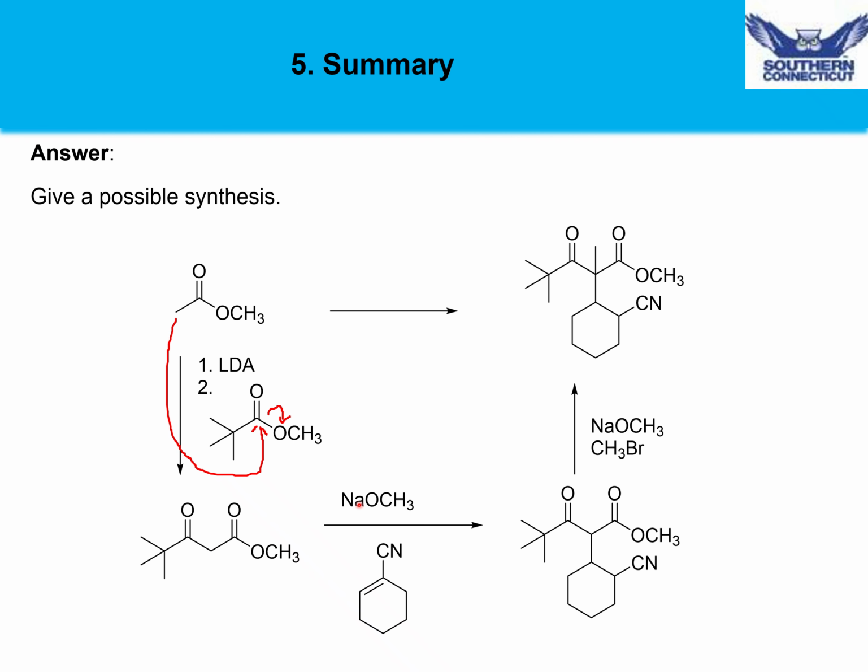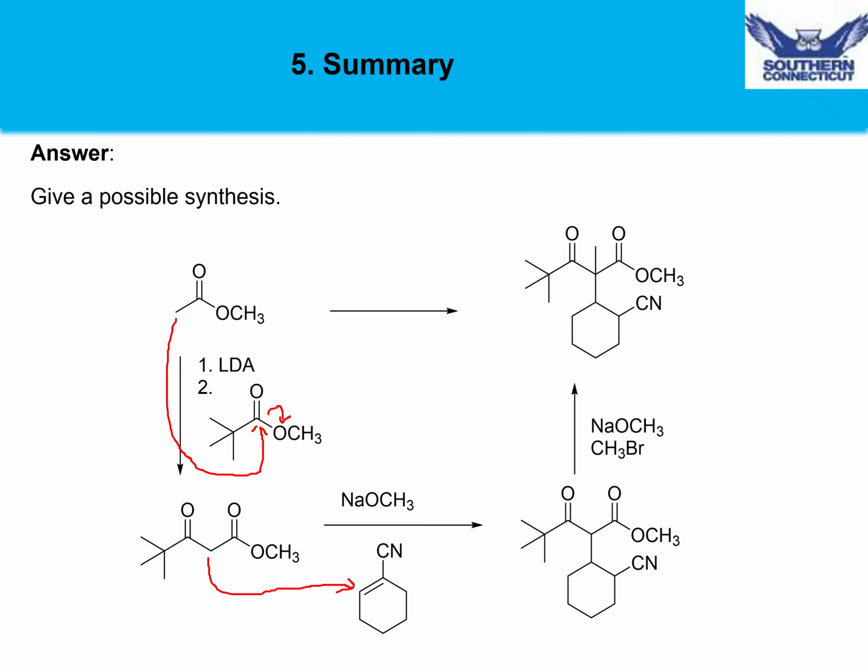If we add base to the beta ketoester, that should deprotonate the most acidic hydrogen, which is this one here. That would turn it into an enolate. And then we could add an alpha beta unsaturated nitrile through a Michael reaction.